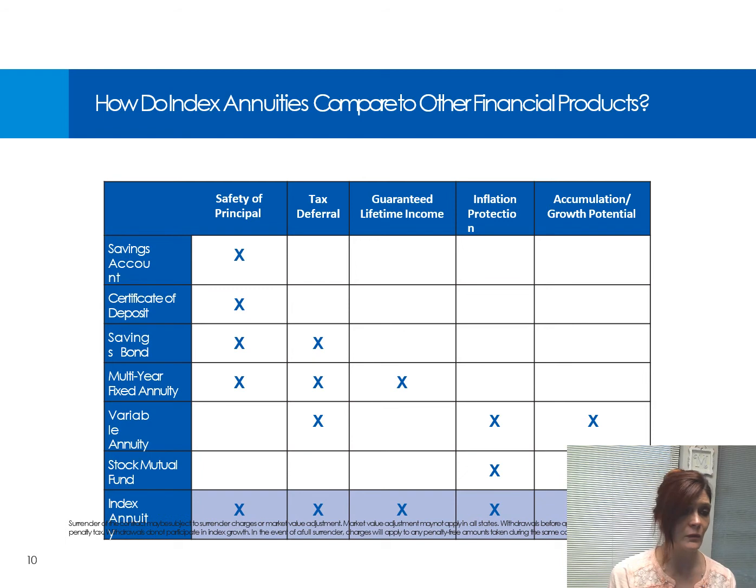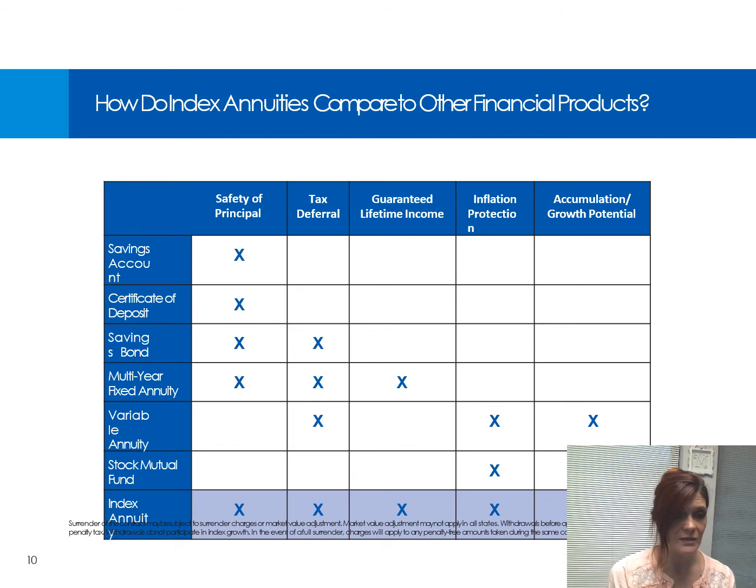Now, with an indexed annuity or a multi-year annuity, you can annuitize all of these products without a fee, and many of them also have income riders available with or without a fee depending on the product, and you are able to generate an income that you cannot outlive. You can't say that for your stock market or your savings bonds or any of those other things.